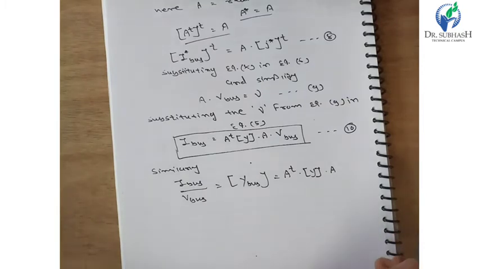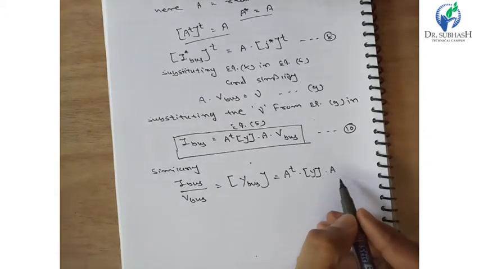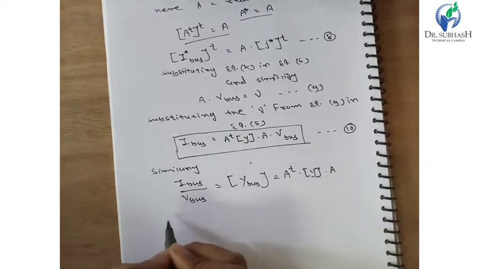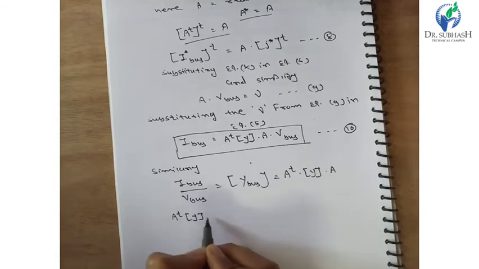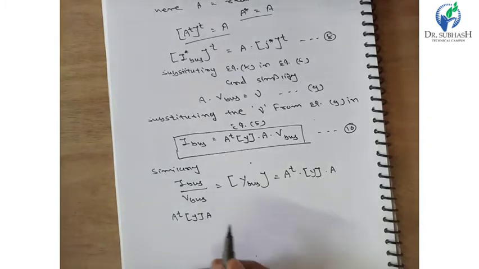So the bus incidence matrix A is singular. Here the bus incidence matrix A is a singular form. Therefore 80 into Y into A is also a singular form from a primitive network.